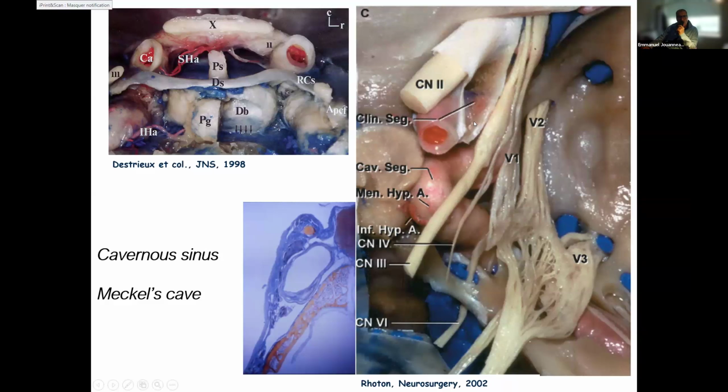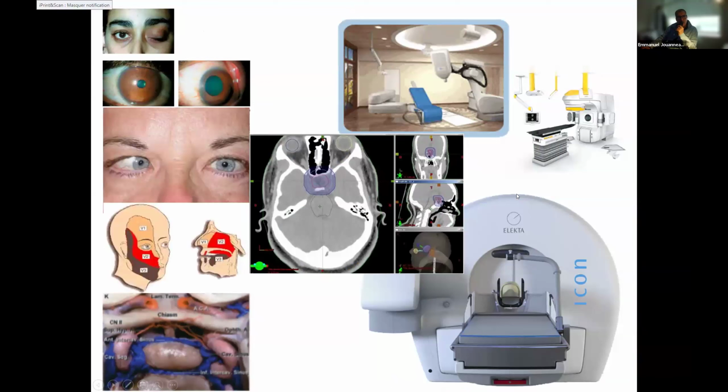And there is the loop of the ICA, the optic nerve. We have the third nerve, the fourth, the sixth, and the V1. So it is a very narrow space with a very rich environment of nerves and vessels.